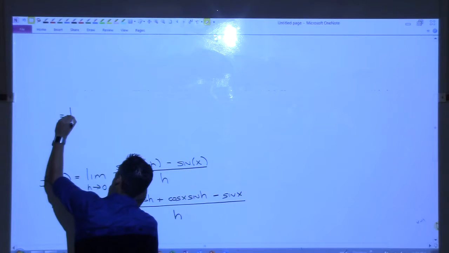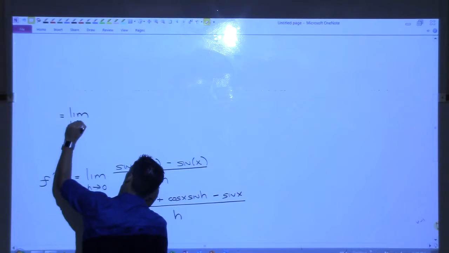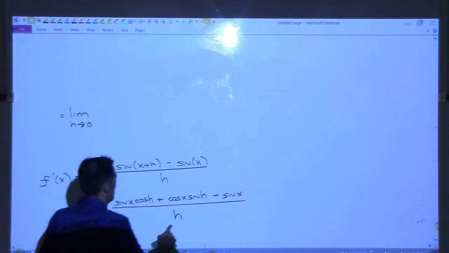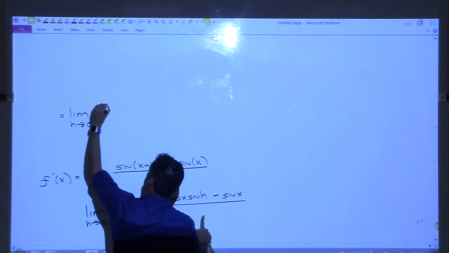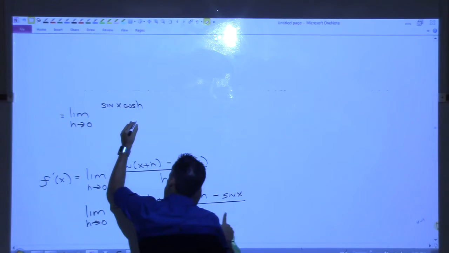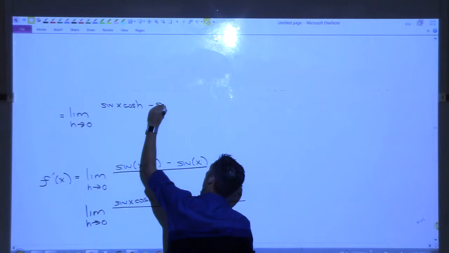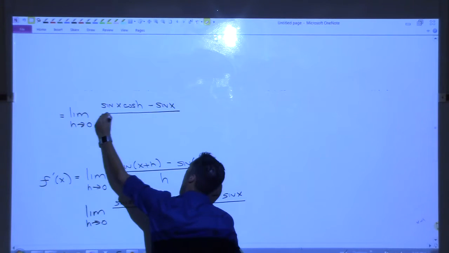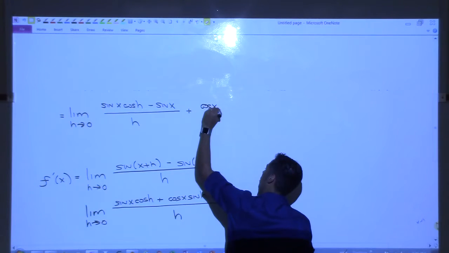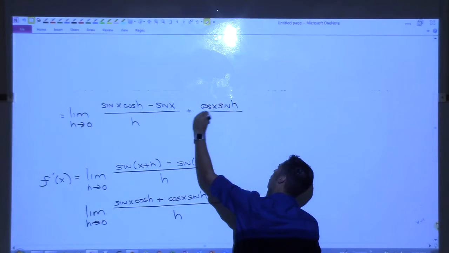This is equal to the limit as h goes to 0. So watch, I'm going to be a little bit clever here. I'm not sure if clever is the word, but sine x cosine h minus sine x all over h plus cosine x sine h all over h.